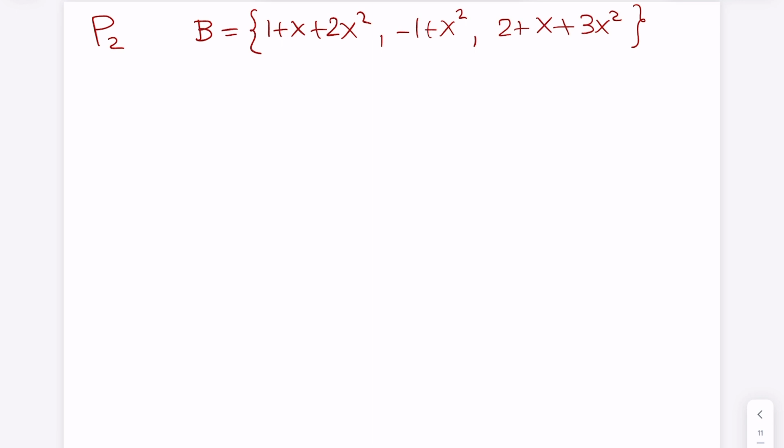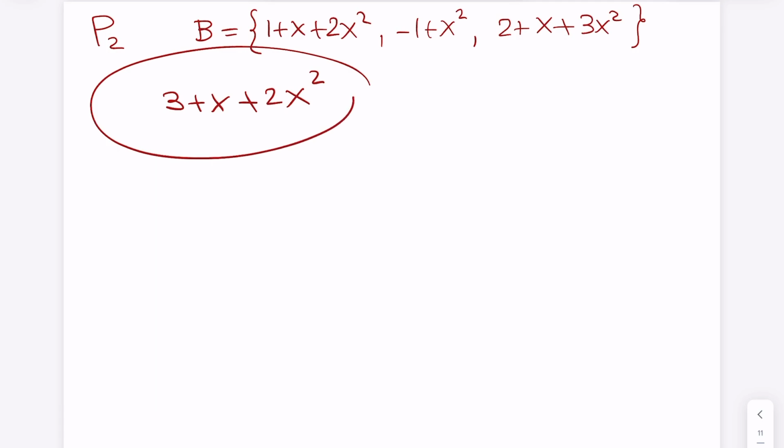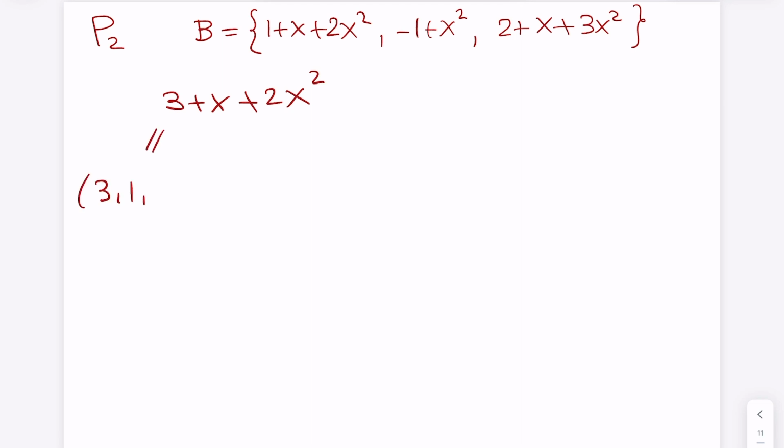And now suppose that we have any polynomial, let's say the polynomial 3 plus x plus 2x squared. How do we express this polynomial in these bases? What are the coordinates of this polynomial, but now relative to these bases? We can see the coordinates of this polynomial in the standard basis, right? In the standard basis, this polynomial is just 3, 1, 2.